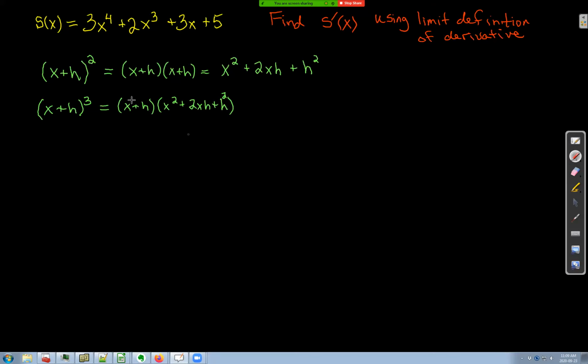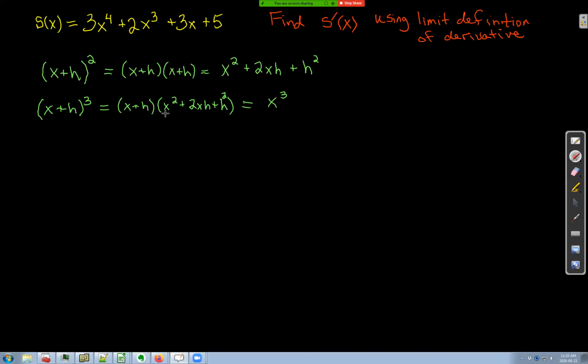And now you have to do sort of super FOIL. It's not quite FOIL because there's going to be actually 6 things, but you'll do x times x, and that makes x cubed. And then you'll do h times x squared, but then you'll also get an x squared times h when you multiply these two. When you multiply this guy and this guy, you're also going to get an x squared and an h.